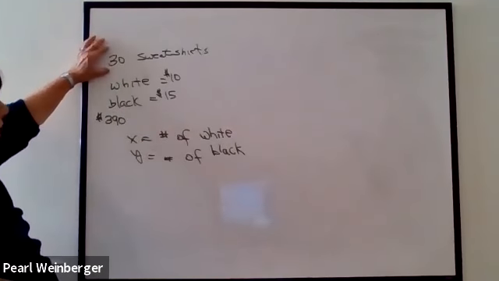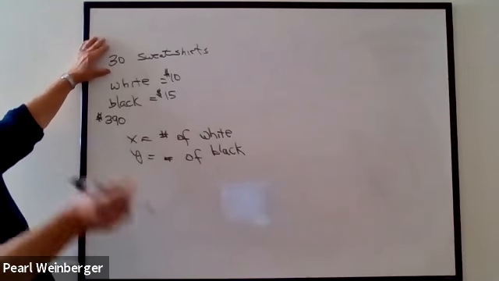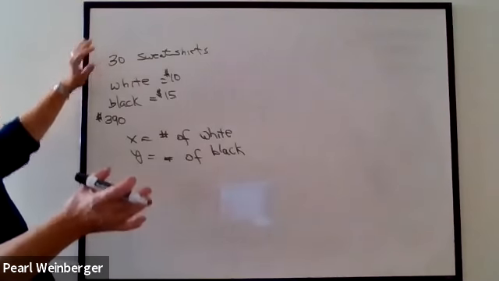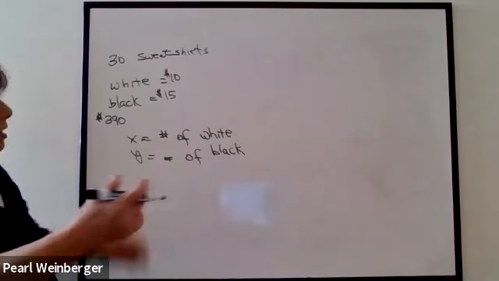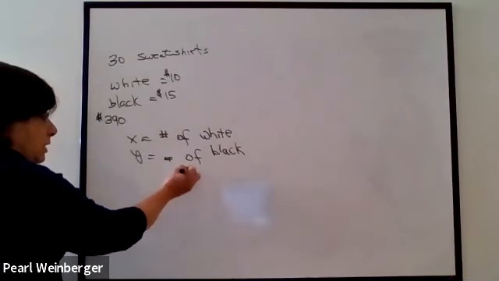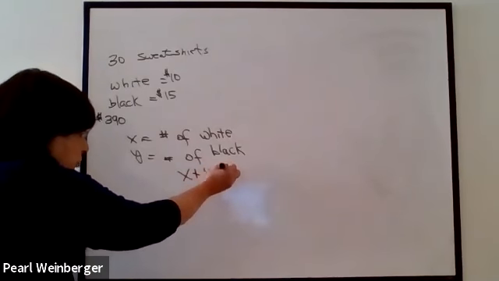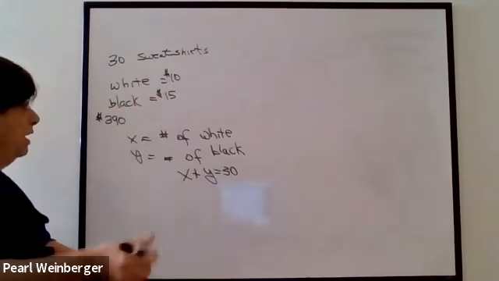The first fact I know is that I have a total of 30 sweatshirts, a combination of black and white. How do I write total? Obviously, it's plus. My first equation becomes X plus Y equals 30. Notice it had nothing to do with the $10 and the $15.